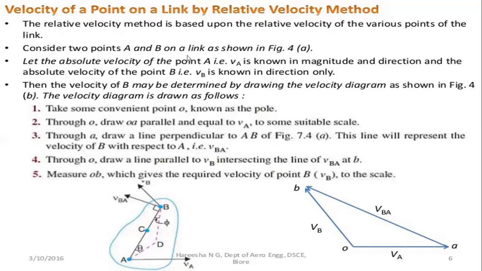So the absolute velocity of the point A, that is VA, is known in magnitude and direction, but the absolute velocity of the point B is known in direction only. Then the velocity of B may be determined by drawing the velocity diagram.